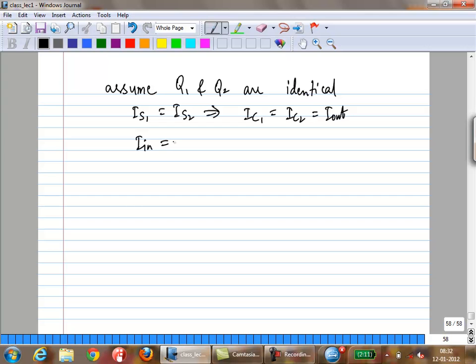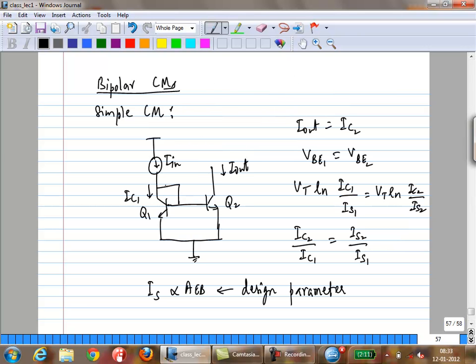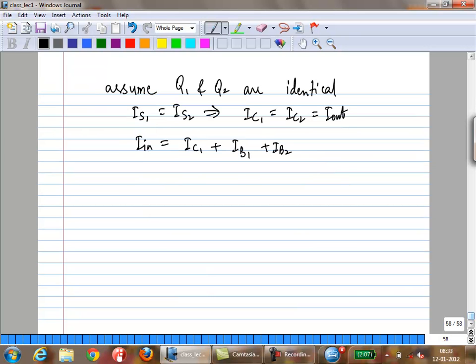If you write KCL at the collector of the first transistor, Q1, the input current IN is nothing but the collector current plus the sum of the two base currents, right? And you know the relation between the base currents and the collector currents.